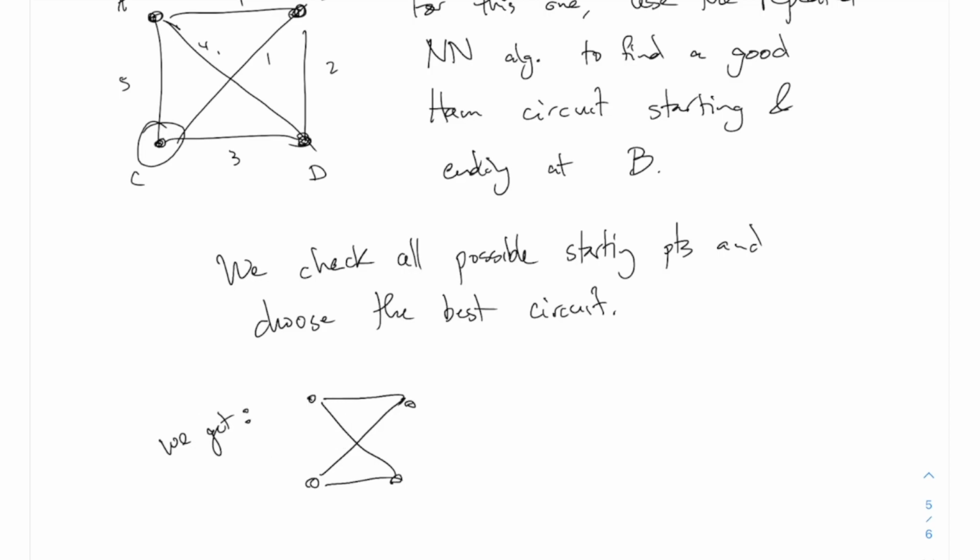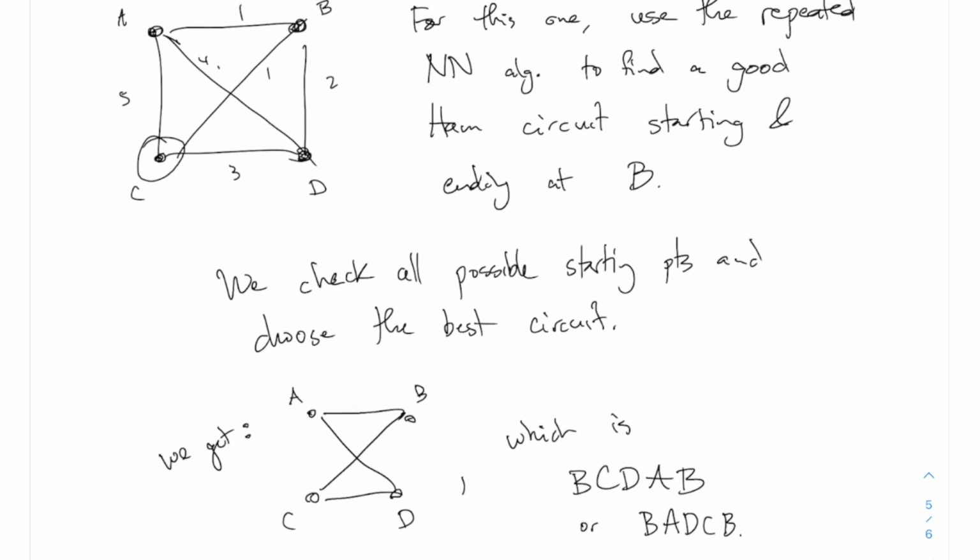We get this one, which is, how do I write my answer? I said I wanted you to write the answer as a Hamilton circuit which starts and ends at B. And so how I write the answer, remember they're labeled like this, A, B, C, D. This is B, C, D, A, B, if you go around that way. Or you could go around the other way. B, A, D, C, B. All right?